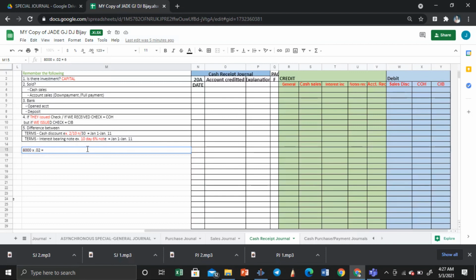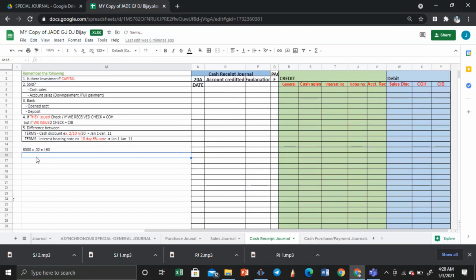Ilan ang lalabas? We have 160 pesos. So, yung 160 pesos na yun yung discount or ibabawas natin sa amount na 8,000 para mag-gain niya yung 2% discount niya kasi nagbabayad siya within 10 days. I-minus natin sa 8,000, ang kabuuan na lang ng babayaran niya within 10 days is 7,840.